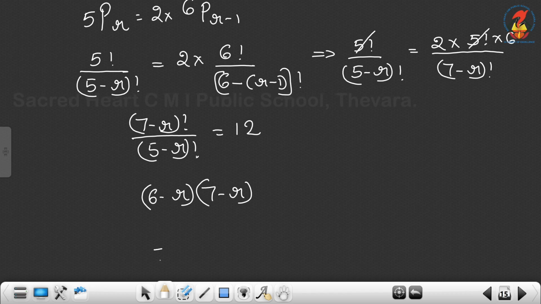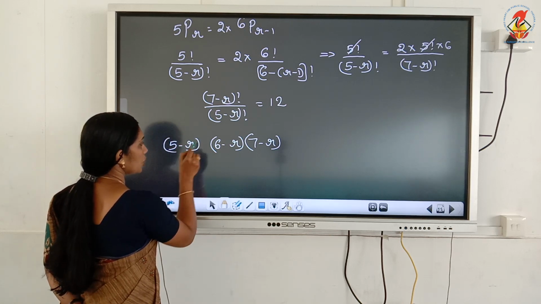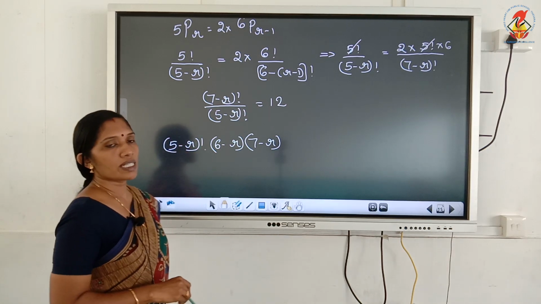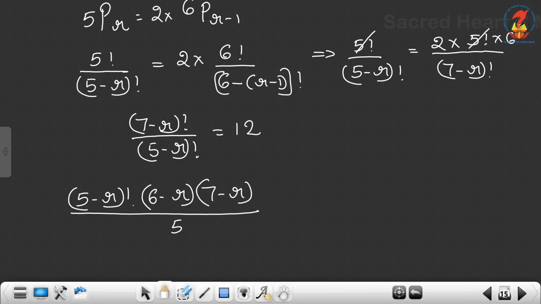Just subtract 1. So (7 minus r) factorial we can write as (5 minus r) factorial into (6 minus r) into (7 minus r) by (5 minus r) factorial. So cancel.